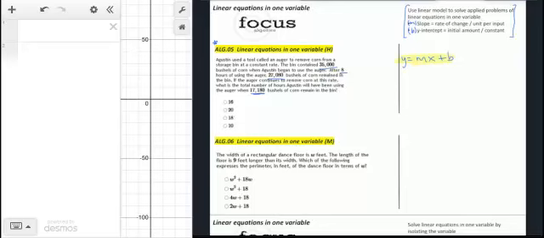So we see that this is the initial amount of corn and the ending amount of corn.